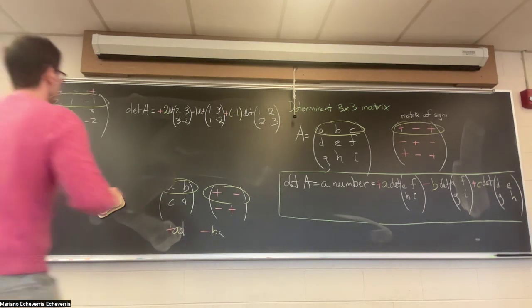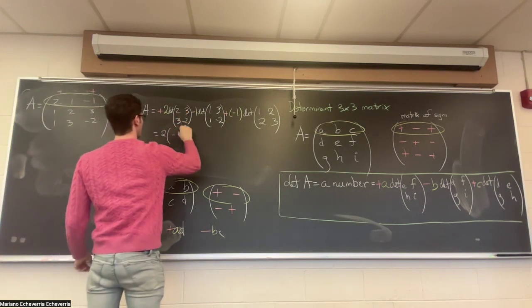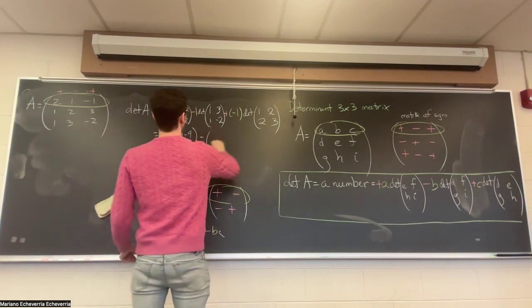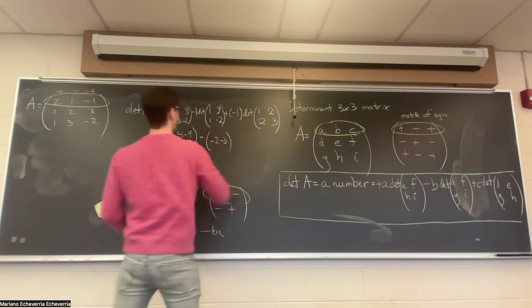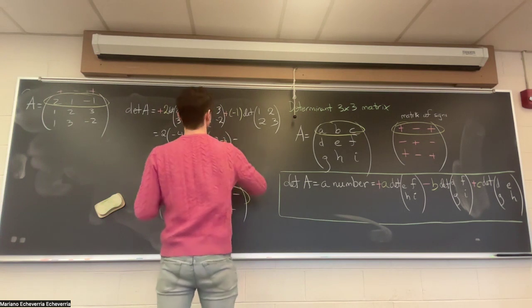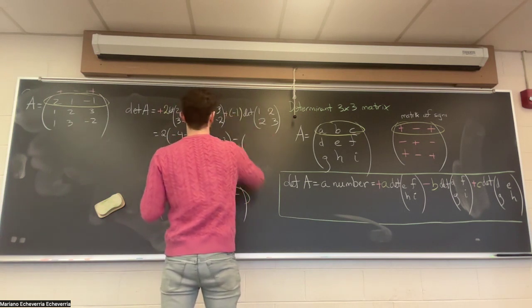So you just get 2. What is the determinant? This gives you -4, -9. Minus what? So this is -2, -3. And then there's a minus from this formula. Because it's plus minus, it just gives you -1.